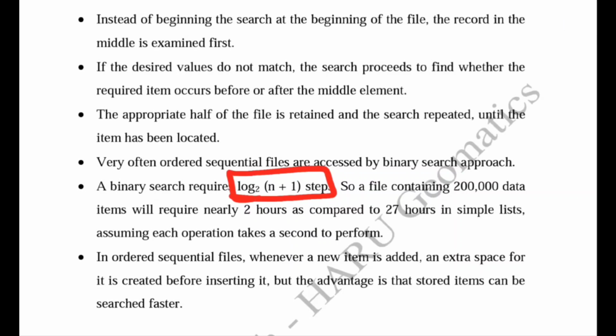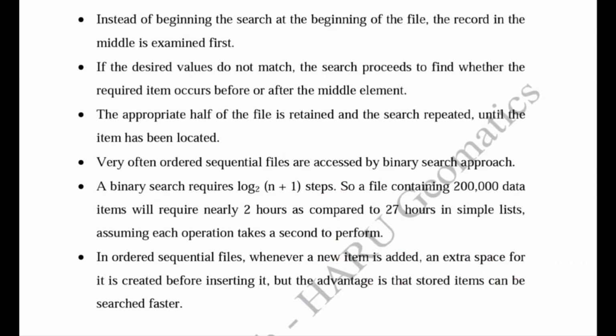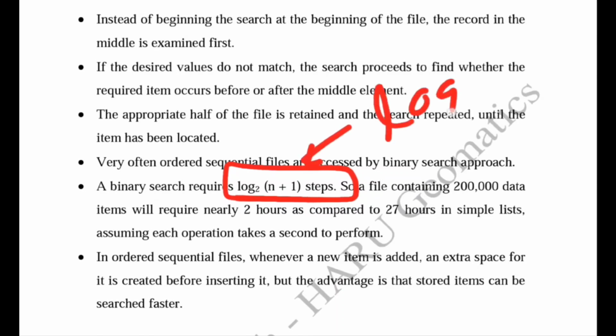As we have seen, the simple list file structure requires (n plus 1) by 2 operations. But in ordered sequential files the search is based on binary search, so the number of steps required is log base 2 of n plus 1.